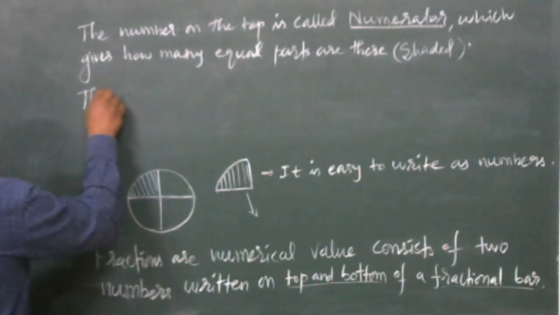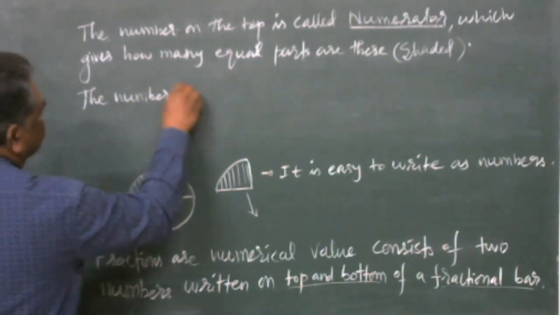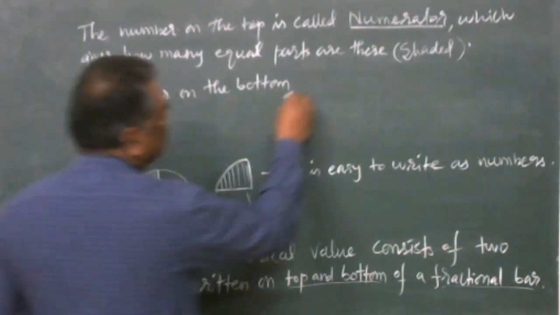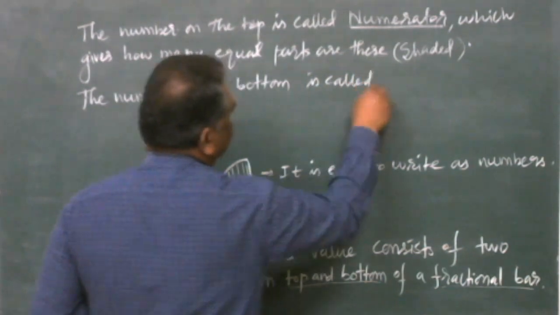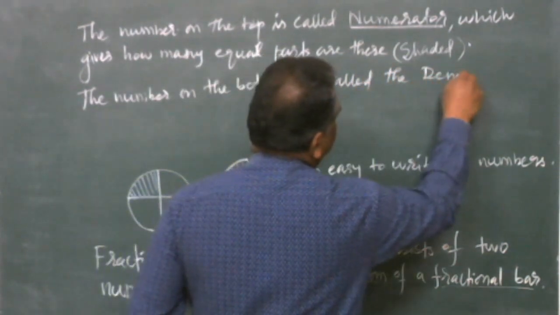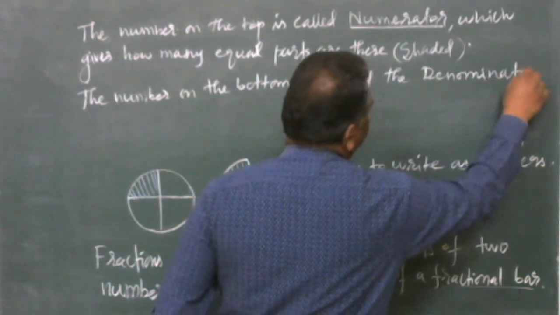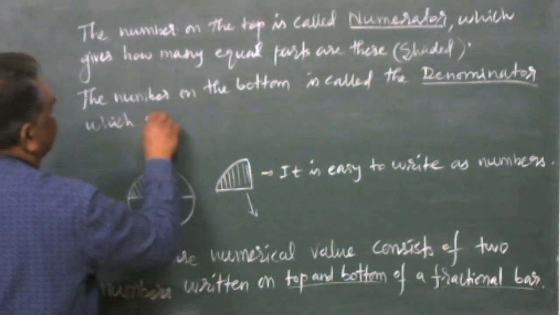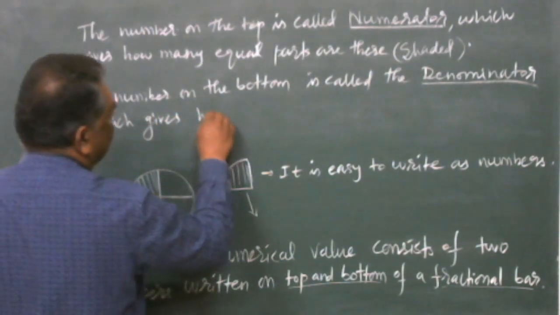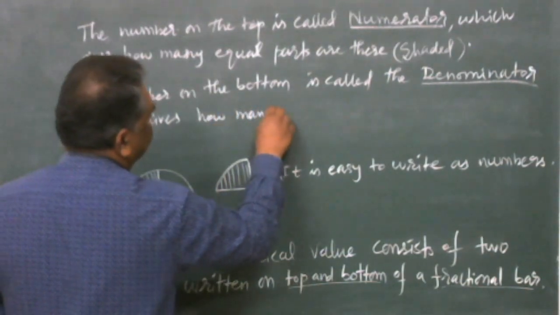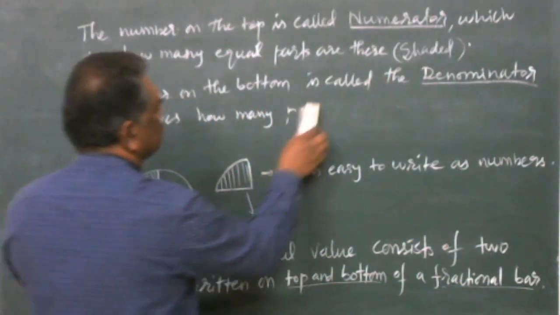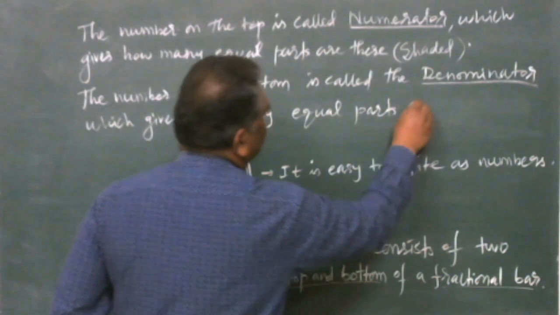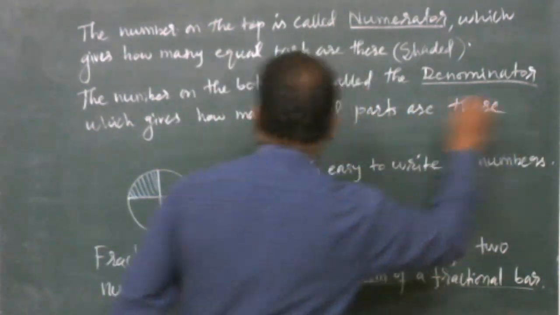The number on the bottom of a fractional bar is called the denominator, which gives how many equal parts there are in a whole.